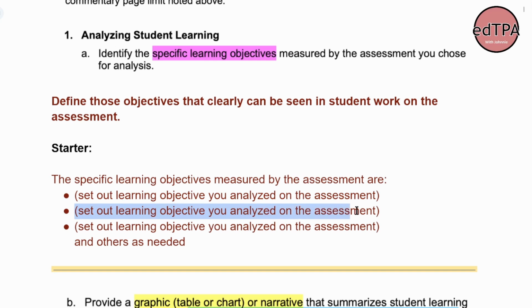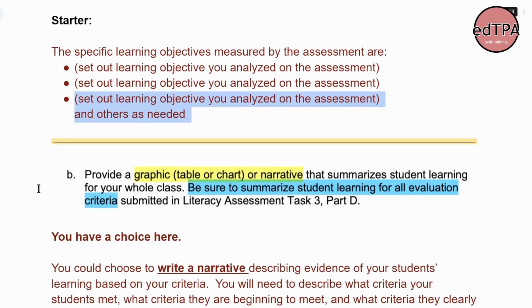Again, if there's another, you continue adding as makes good sense. So, specific learning objectives, right? Those should be tied both to the essential literacy strategy and to the related skills, all right? Not things like has good handwriting. It should be very much about the literacy objectives you have for your learning segment. Let's go to B.